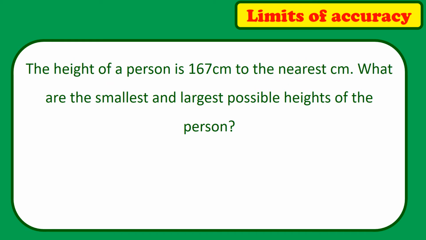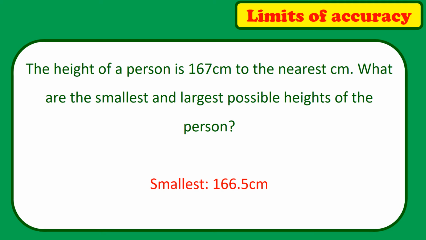Or the height of a person is 167 centimetres to the nearest centimetre. So what are the smallest and largest possible heights of the person? So the smallest height is 166.5 centimetres. As we're doing it to the nearest centimetre, we add and subtract half a centimetre from the height we're given.